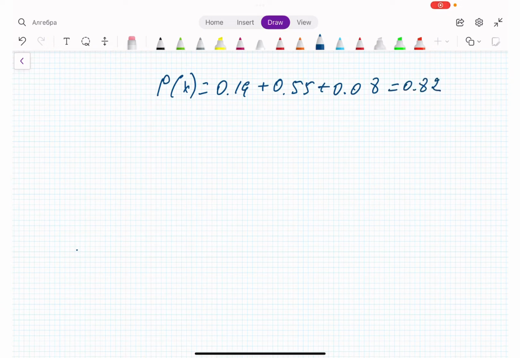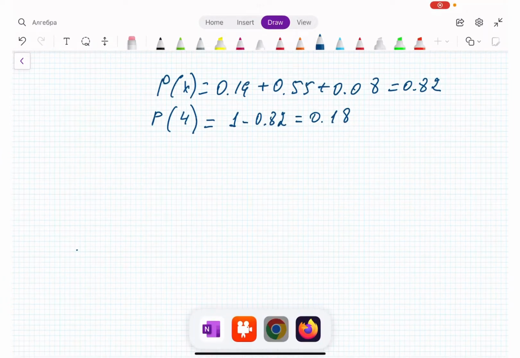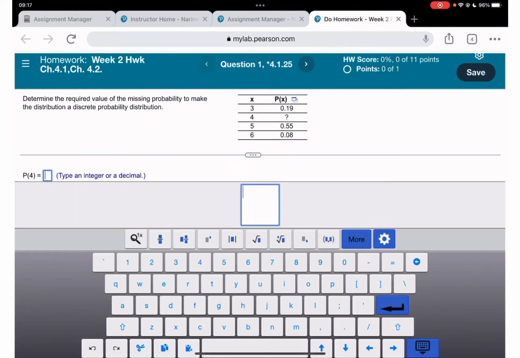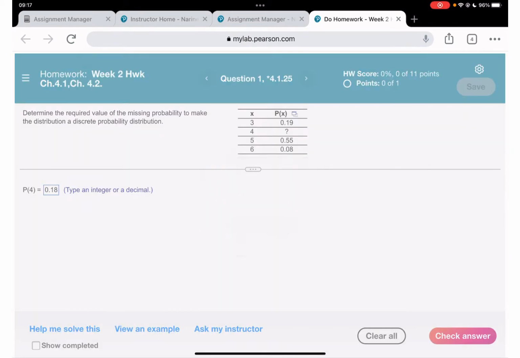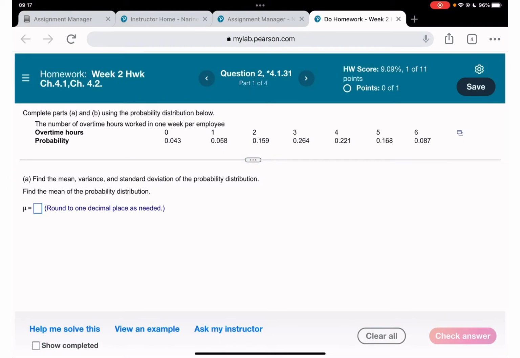And then the probability for x equal to 4 is going to be 1 minus 0.82, so it's going to be 0.18. And this is going to be the answer. 0.18. Fantastic. Moving to the next question.